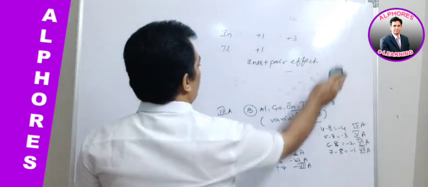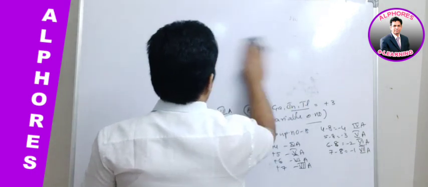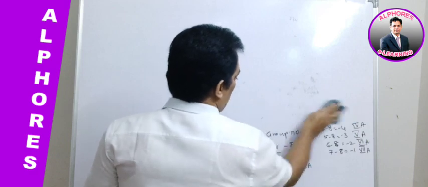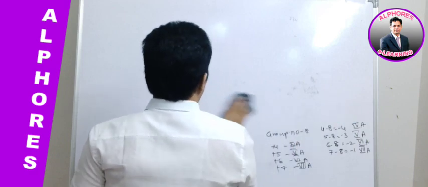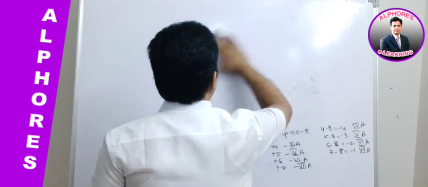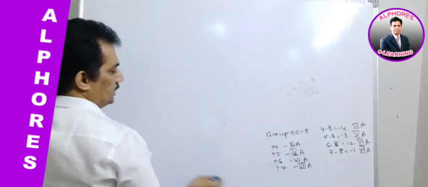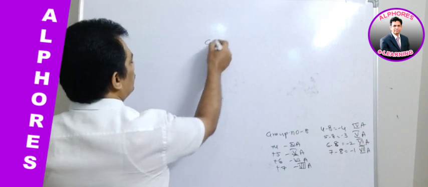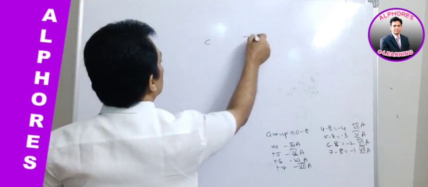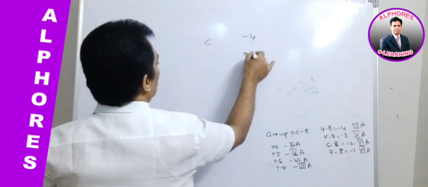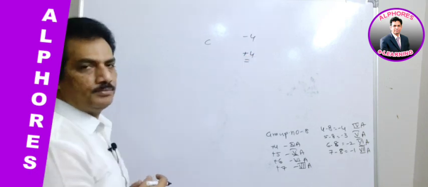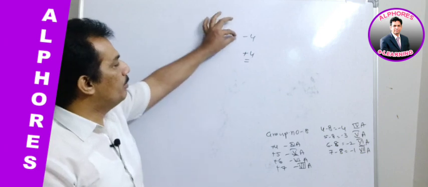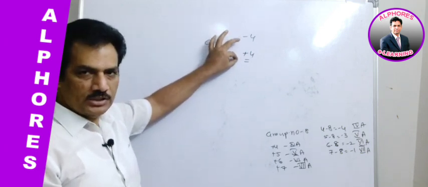Clear? And now next one is fourth group, fourth A group. That means now we are coming to the elements that exhibit variable oxidation states. In fourth group, carbon is supposed to exhibit -4, +4 oxidation states, minimum and maximum oxidation state.